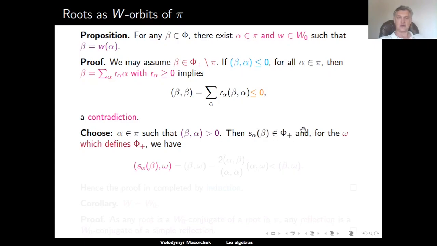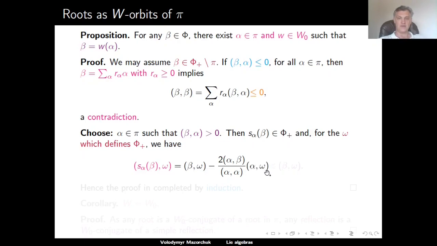And let's compute the scalar product of this positive root with our vector omega, which defines phi plus. The scalar product of S alpha of beta with omega is equal to, so S alpha of beta is equal to beta minus a scalar multiple of alpha. So we write this expression and we get the scalar product of beta with omega minus the scalar product of alpha with omega.